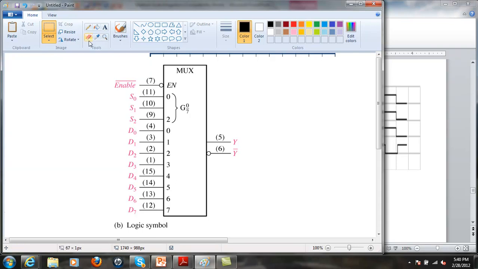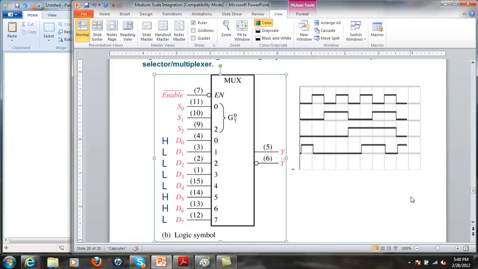So this would be a tied high. Then these 4 are tied low. And then these 2 are tied high. And then this one is tied low. Okay, that's what I had here.